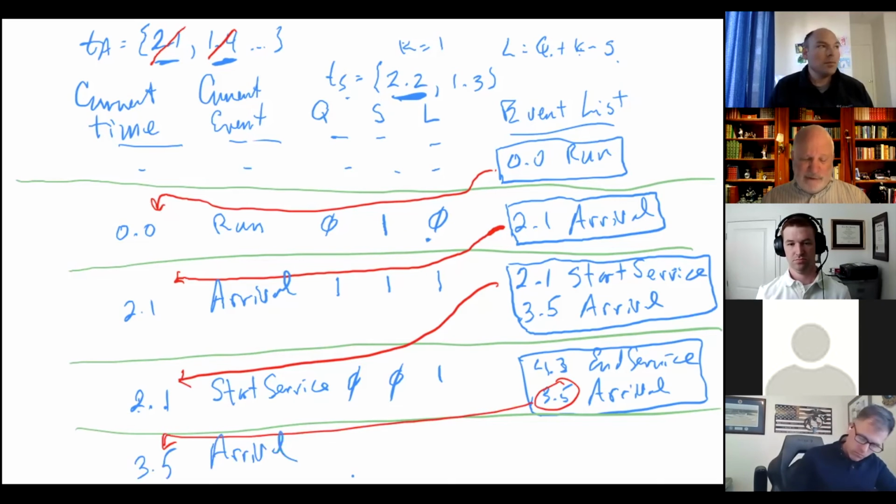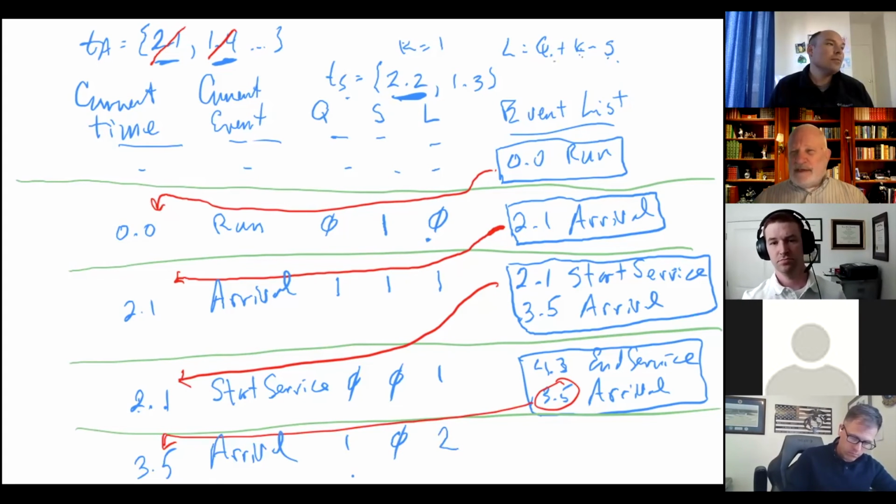And what does arrival do? It increases our Q by 1. It doesn't do anything to S. L is now 1 plus 1 minus 0, which is 2. Okay, that sounds about right. Now we do the scheduling. First, an arrival event will schedule a start service event if S is bigger than 0.